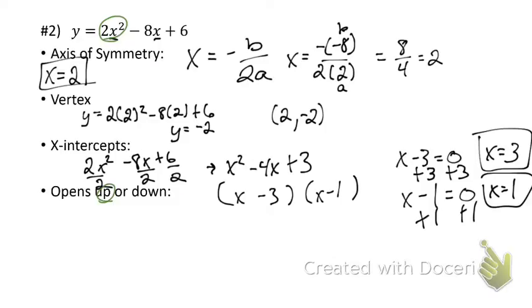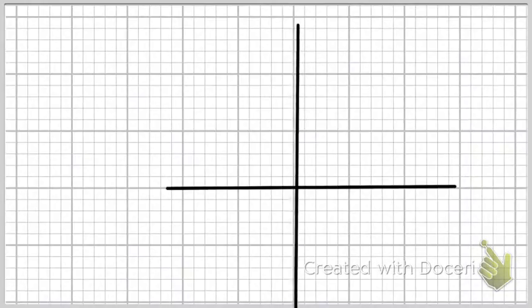Now, I'm going to put this all on a graph and just go from there. So the first thing we had was our vertex at 2, negative 2.